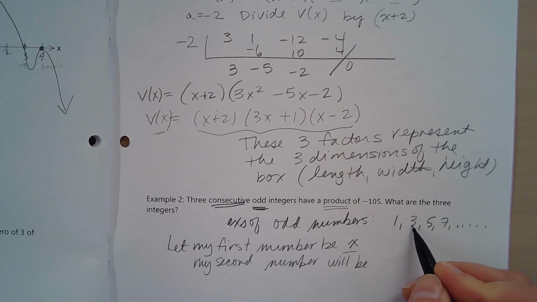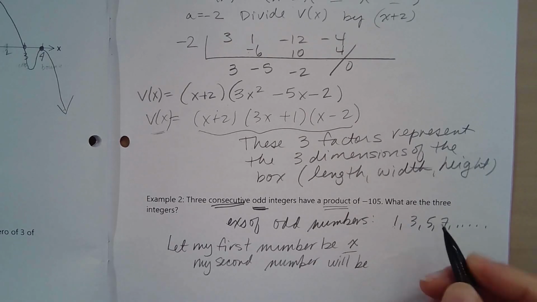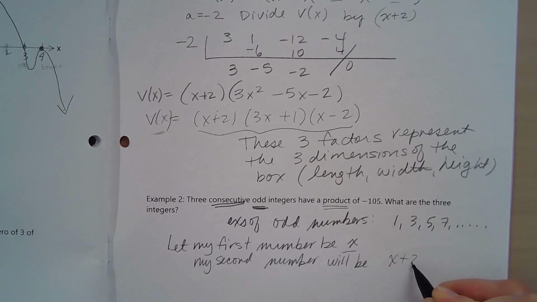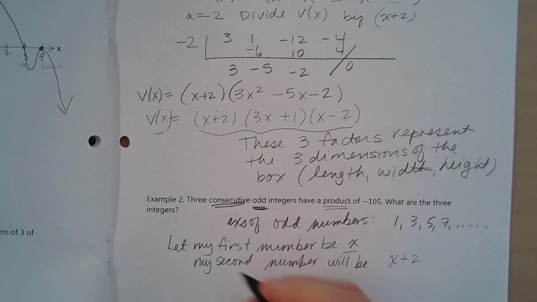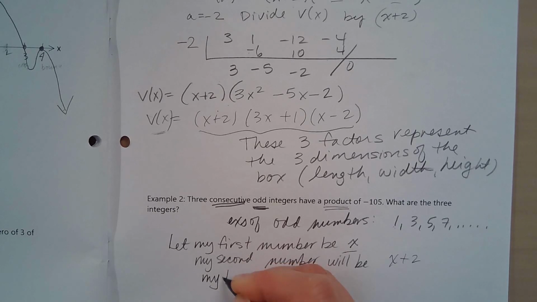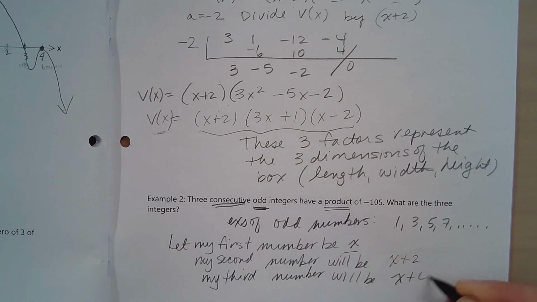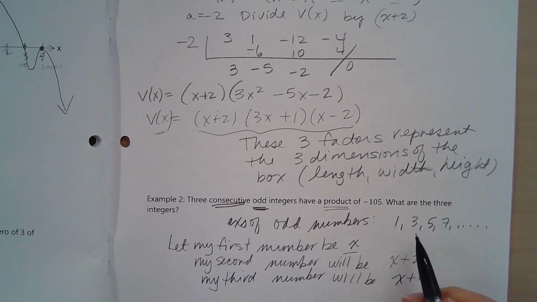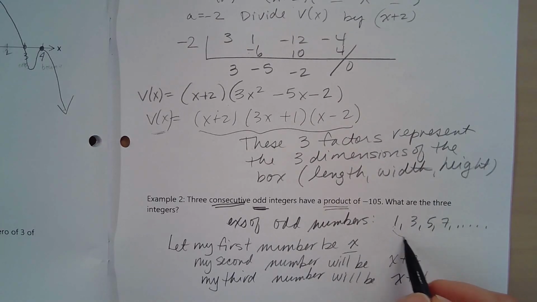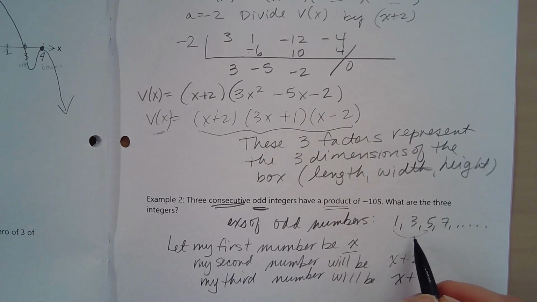let's just pretend my first number is x. My next consecutive odd number would be x plus 2, right? All right, then my third number, gentlemen, what's my third number going to be called? Perfect, right? Because from here to here is a distance of 4.